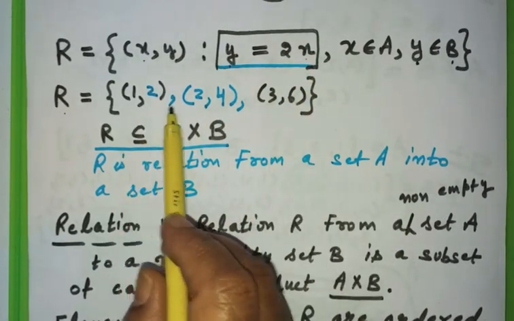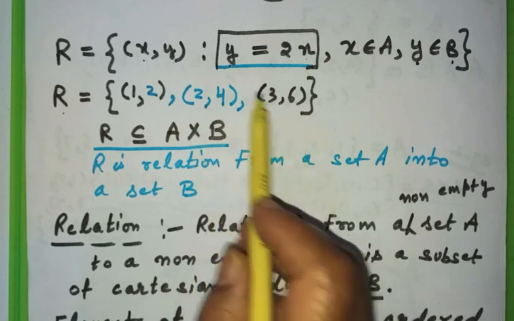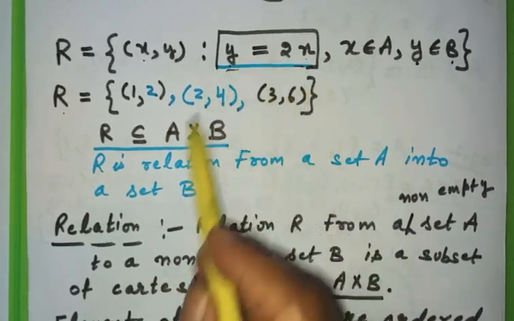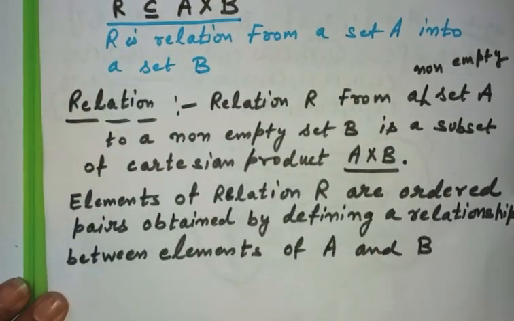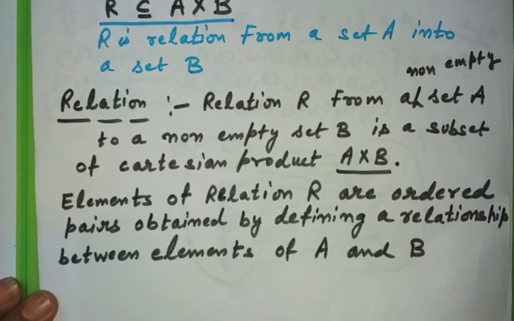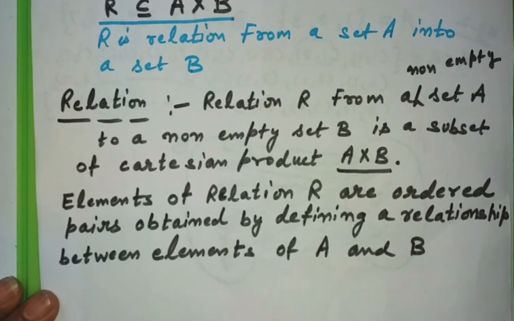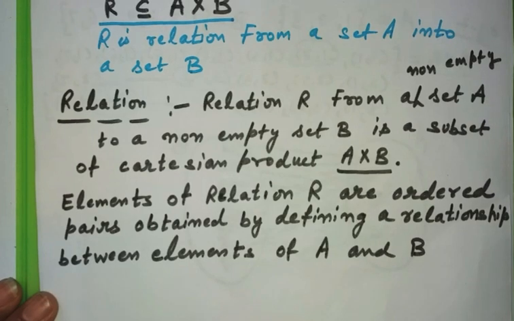So, elements of the set R are derived by defining this relationship. So, I think everything is clear with the help of an example. So, you could see how the concept of Cartesian product is slowly and gradually taken to the concept of relation.